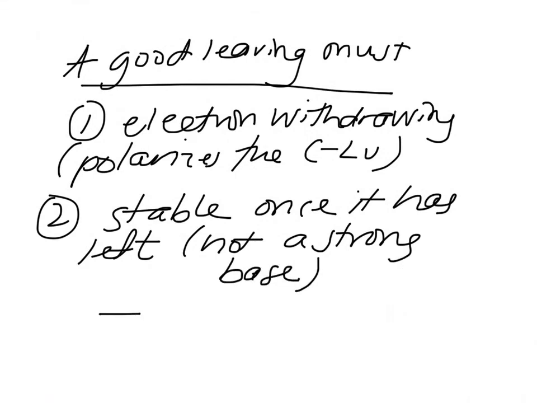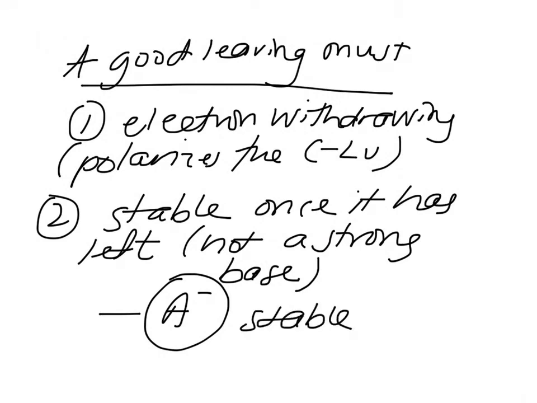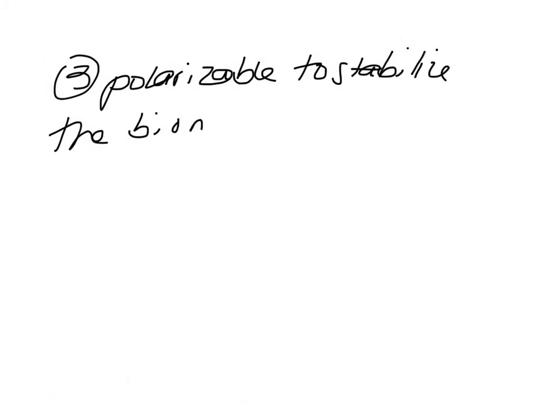If we think in terms of acidity, A- would be stable. And finally, it must be polarizable to stabilize the bimolecular transition state in an SN2 reaction.